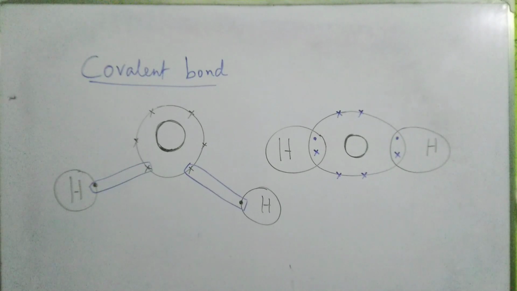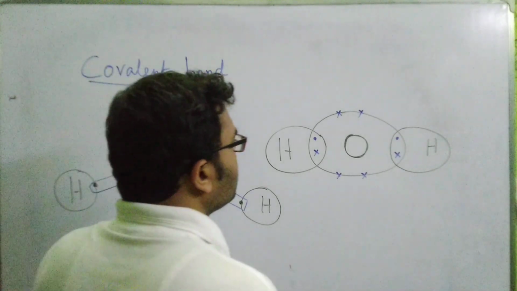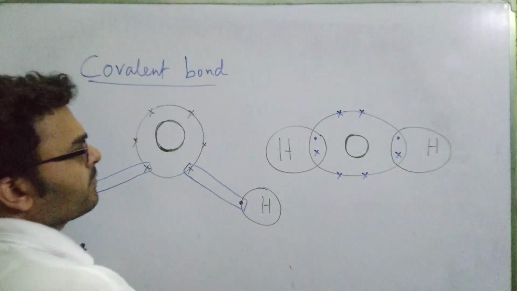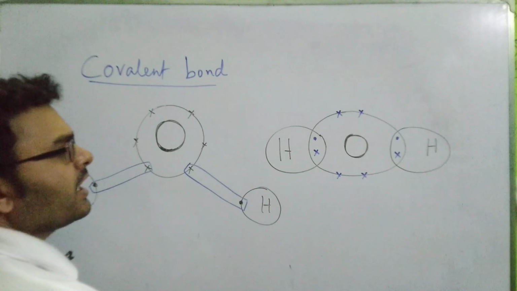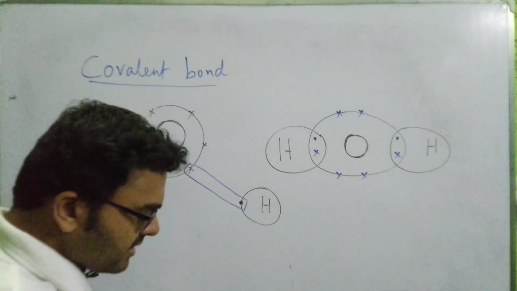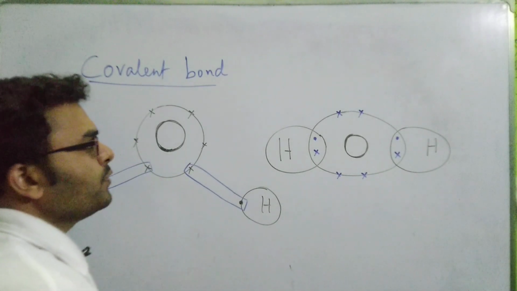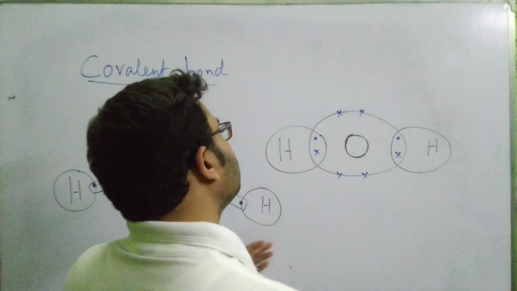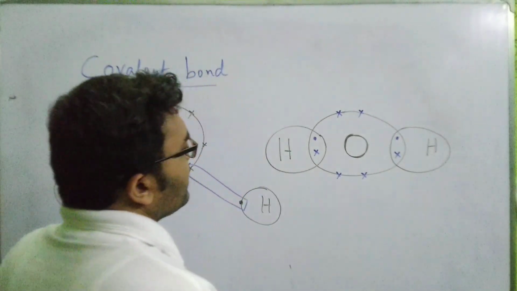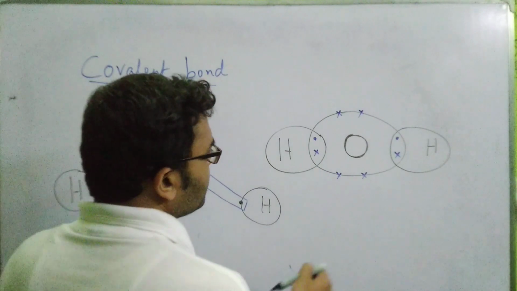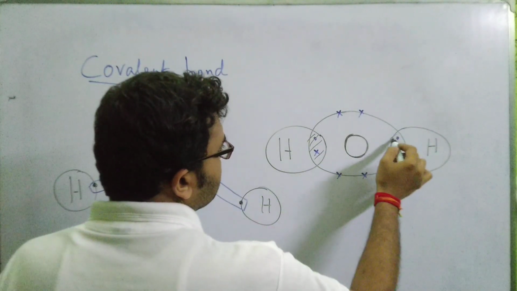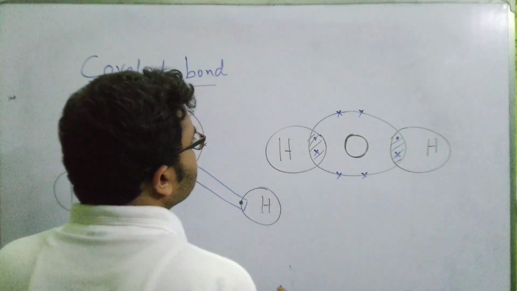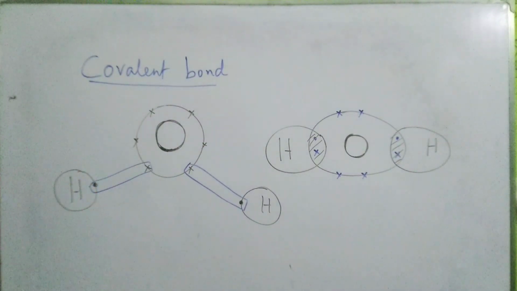A sharing takes place and the oxygen atom forms a bond by sharing one pair of electrons with each of the hydrogen atoms. Remember, it shares one pair of electrons with each of the hydrogen atoms. In this way a bond is formed, and these two electrons in the shaded part are in the common region between the two atoms where the shared pair of electrons lie.